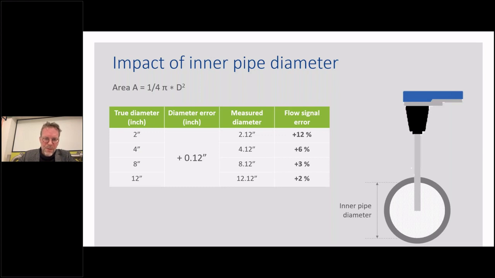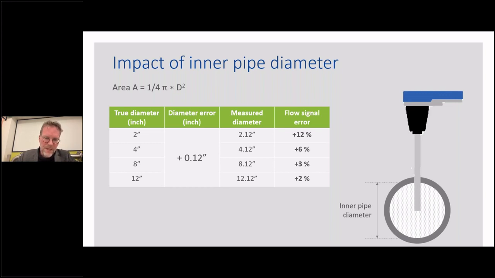When using insertable probes, regardless of the brand or type, if it's an insertable probe, it uses the inner pipe diameter and the inner area of the pipe to calculate mass flow. And in that case, it's really important to check that you have the true inner diameter measured properly.